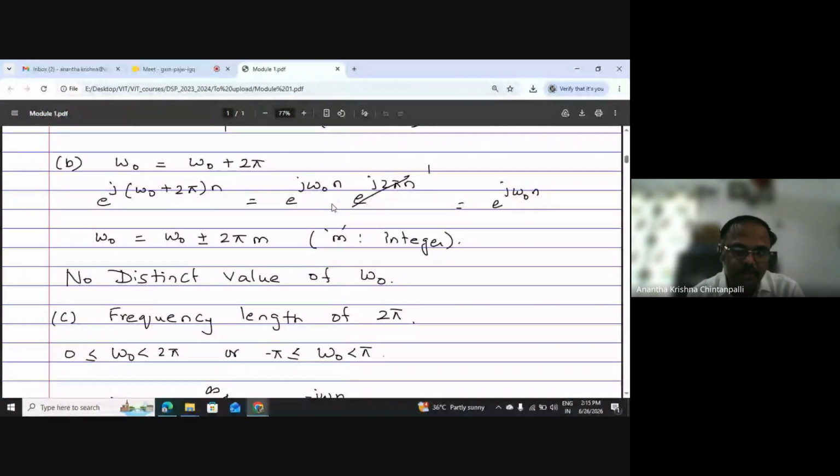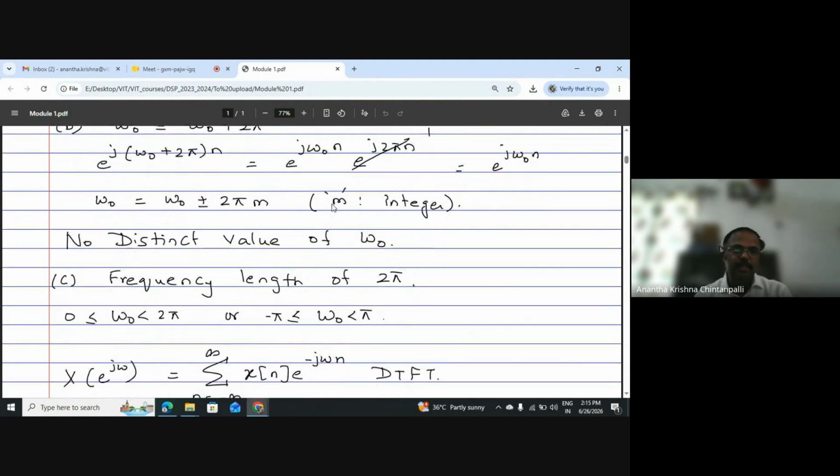So when we compute the discrete Fourier transform, or when we look at the discrete time Fourier transform, we predominantly look for a frequency length of 2 pi, with omega naught going from 0 to 2 pi, where 0 is inclusive, or sometimes from minus pi to pi, where minus pi is inclusive.